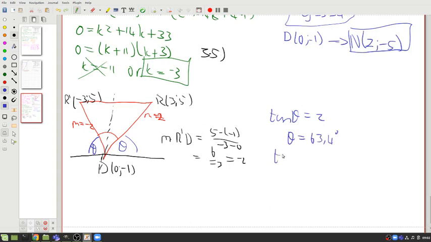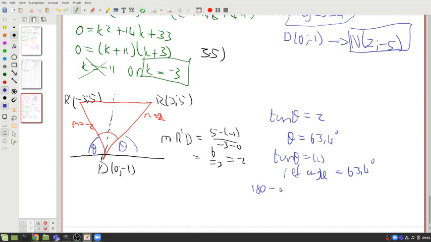And if we do tan theta equals negative 2, well, we actually don't do the negative 2. We usually just do 2 to get our reference angle. So then our reference angle is 63.4. But now we check. Tan is negative in the second quadrant.